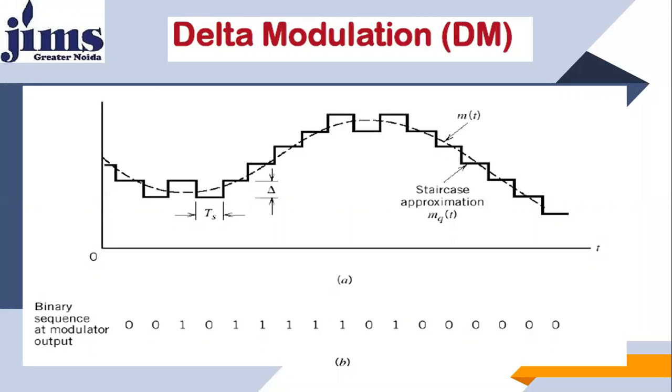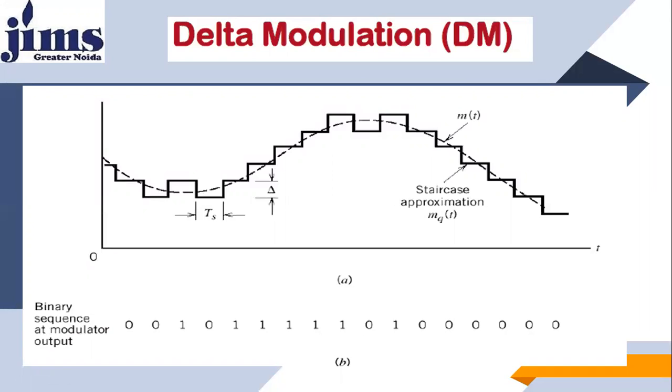Right? So if you see this particular picture, in the initial stage the slope of the analog signal is decreasing, so the staircase signal output is zero. Look at this zero. And when this analog signal is increasing, or moves upward, then the present sample compared with the previous one is always more.